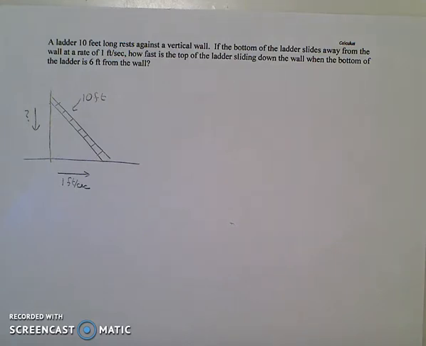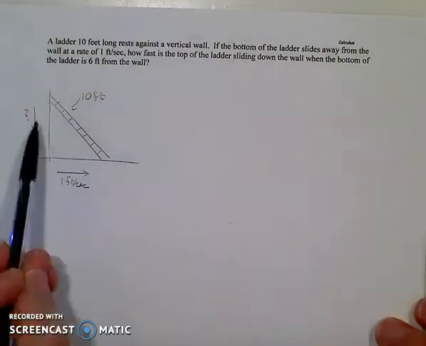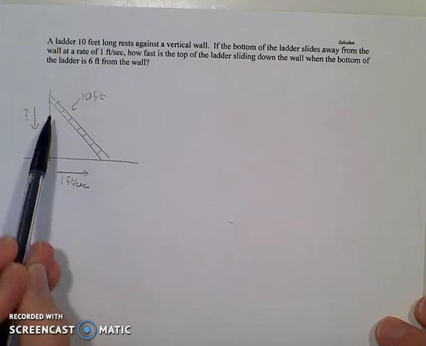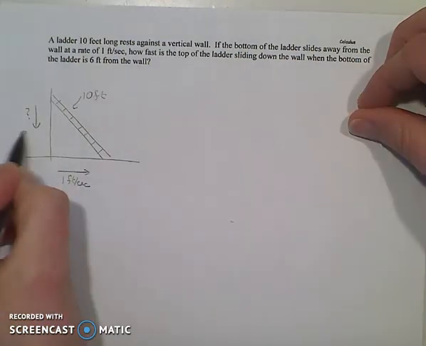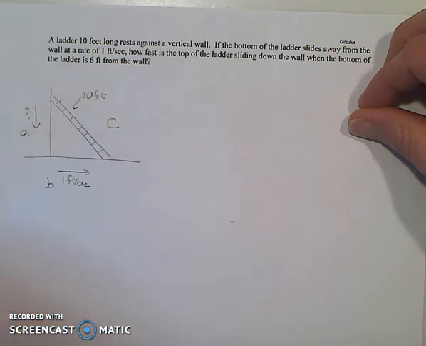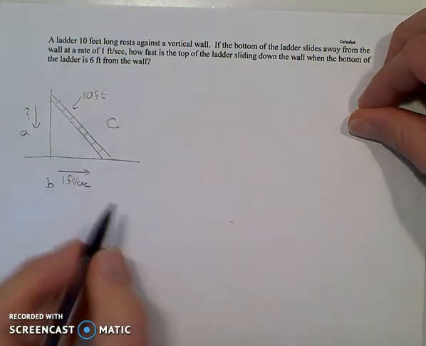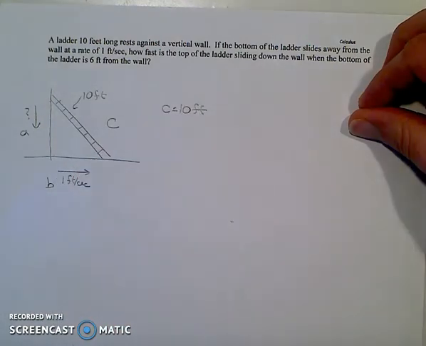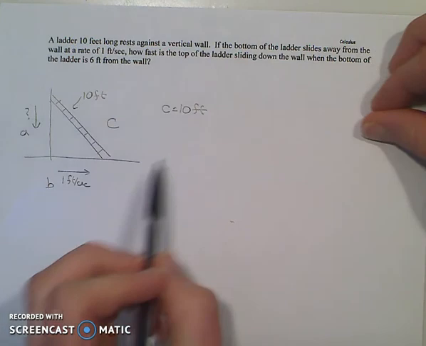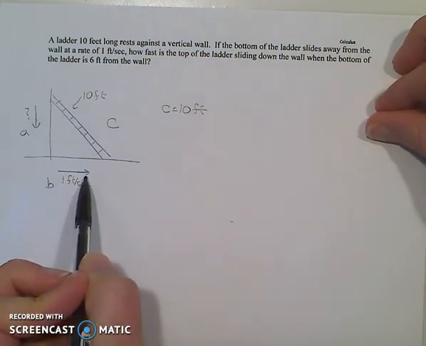So here we go. We have to put what we know. Well, what kind of shape did we just make? We made a triangle, and since it's a right triangle specifically, we're going to use the Pythagorean theorem. So we're going to label this A, B, C. And we know that C is always going to equal 10 feet. That's a given. And we know that it's sliding away from the wall at 1 foot per second.